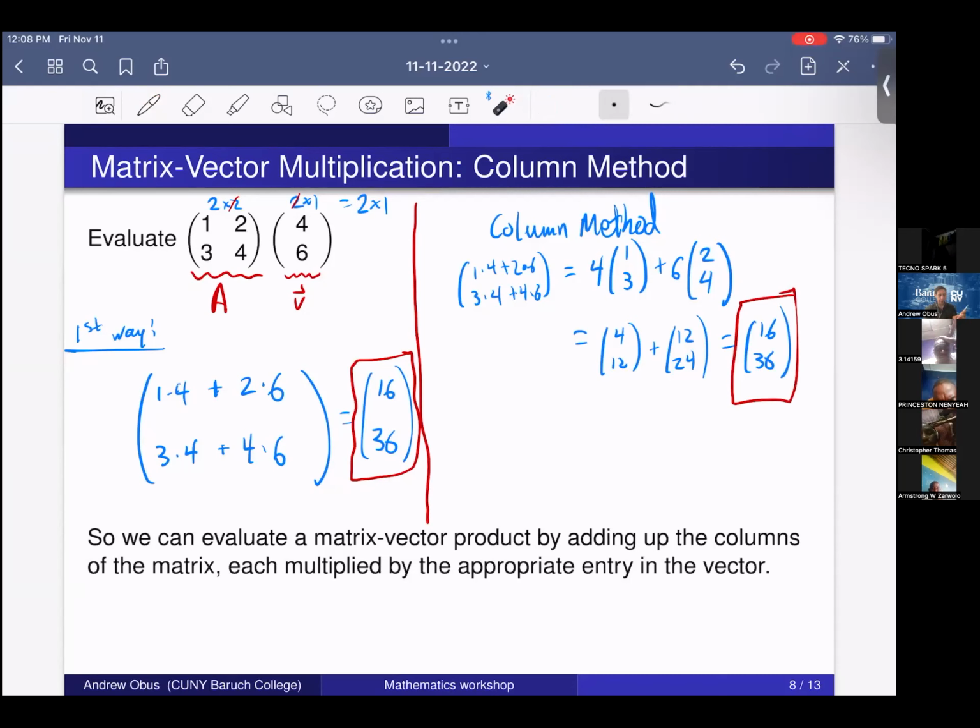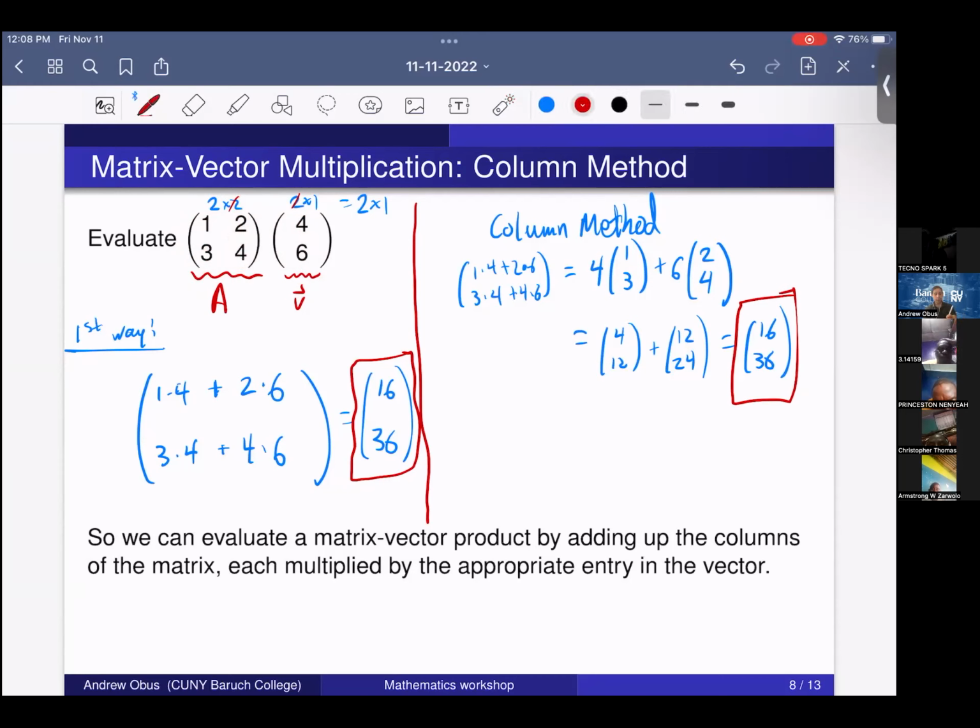The idea here is that if I have a matrix and I want to multiply it by a vector, so if the vector is 4, 6, one way I can do that is take the 4 and multiply it by the first column of the matrix, then take the 6 and multiply it by the second column of the matrix, and then add them together.